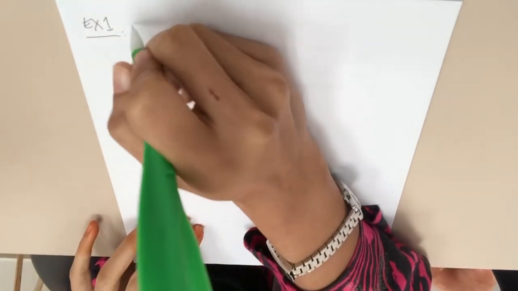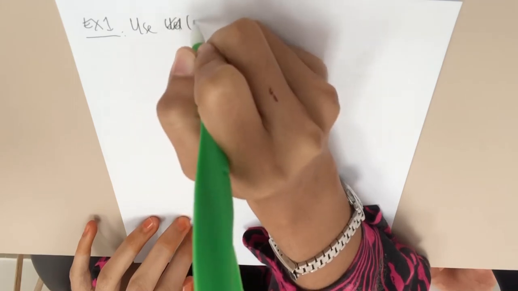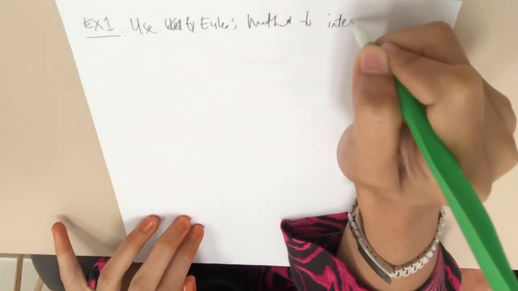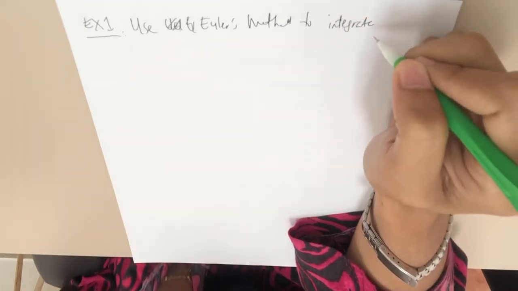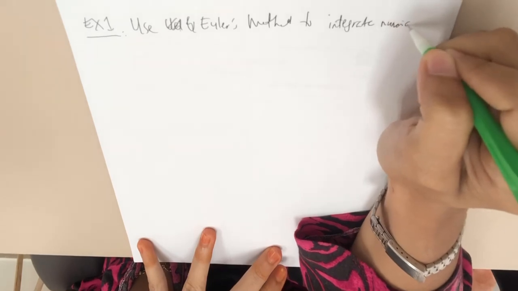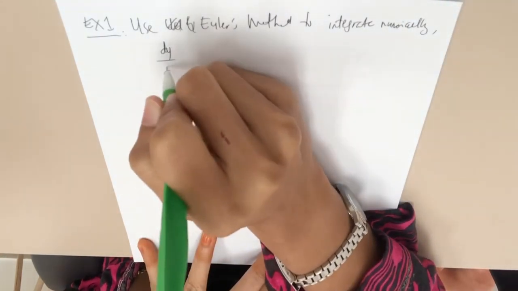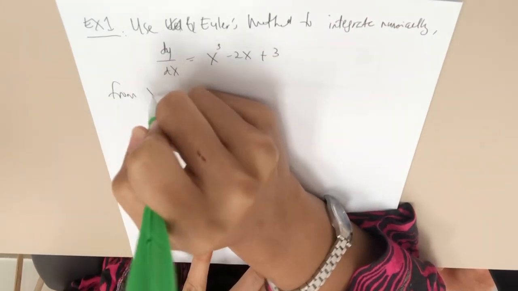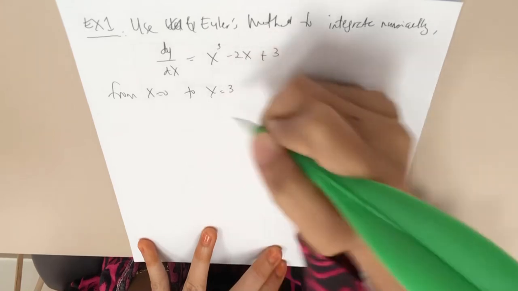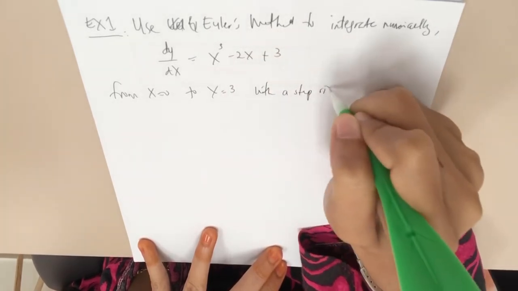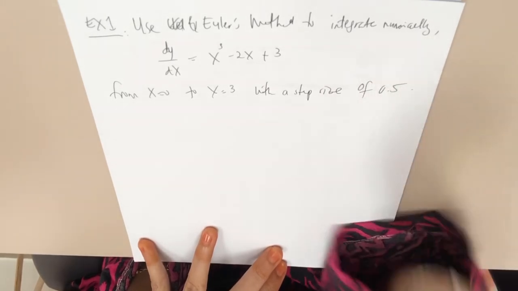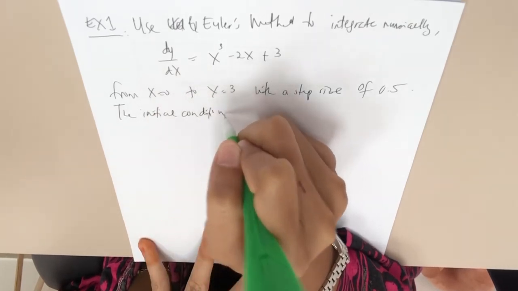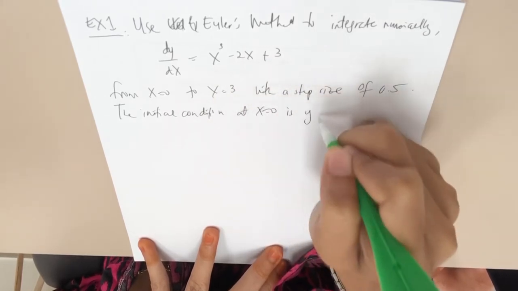Example 1: use Euler's method to solve numerically dy/dx equals x cubed minus 2x plus 3 from x equals 0 to x equals 3 with a step size of 0.5, and the initial condition at 0 is y equals 1.